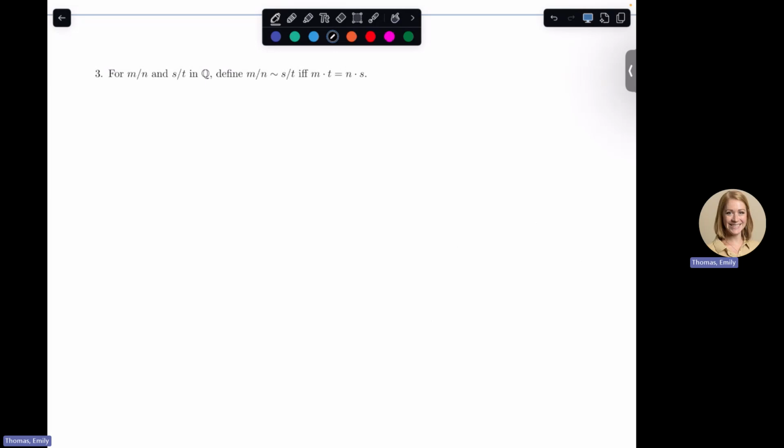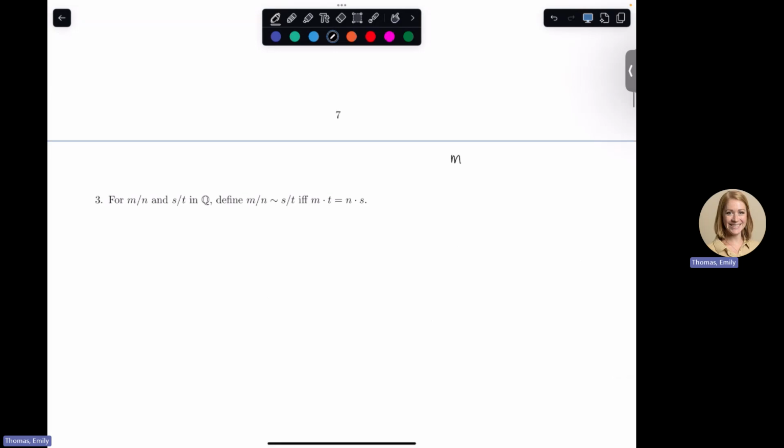The N and T are not zero. So M, N, S, and T are all integers, and N and T are not zero because these numbers are in the rationals. This is saying that M over N is equal to S over T if and only if MT is equal to NS. So we're showing that this is an equivalence relation, that reducing fractions makes them still be the same.